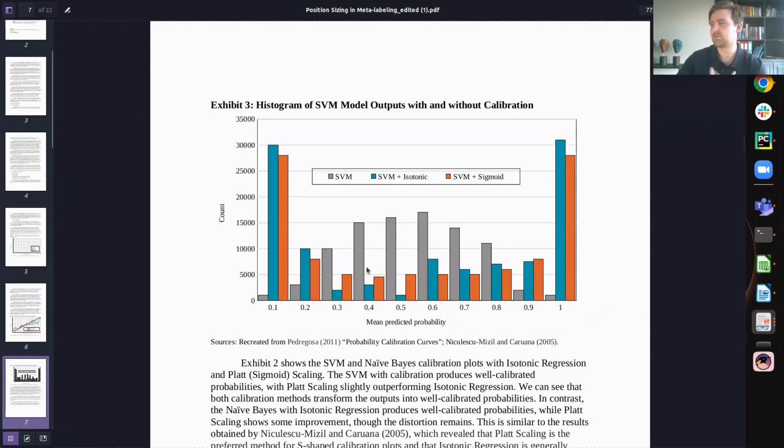Here's an example of the outputs and how they are displayed. We see that, for example, SVMs have a kind of normal distribution, and if you apply isotonic or sigmoid, it gives more elongated probabilities.